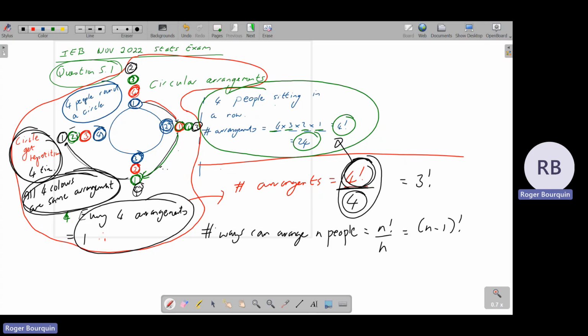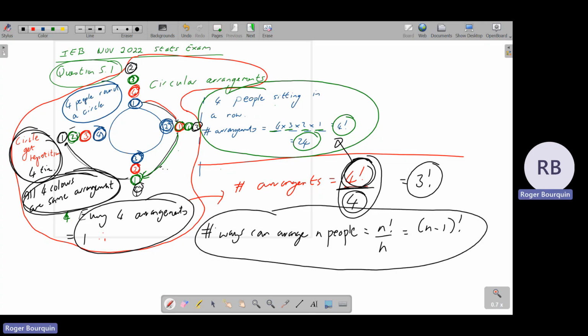So it's 4 factorial over 4, which is 4 times 3 factorial over 4, which is just 3 factorial. In general, the number of ways you can arrange n people around a round table is n factorial over n, which is n times n minus 1 factorial over n, which is n minus 1 factorial. So it's that problem of repetition in circular arrangements. That's your general principle.